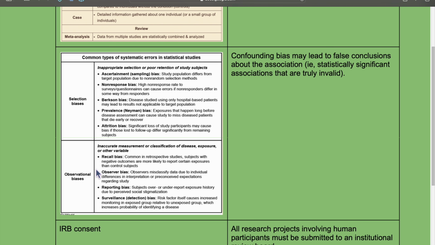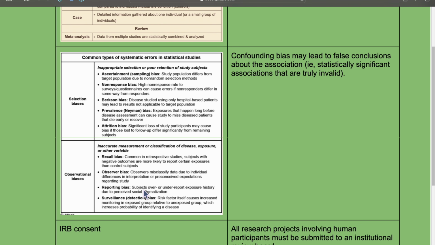Observational biases: inaccurate measurement or classification of disease, exposure, or other variables. So recall bias, common in retrospective studies: subjects with negative outcomes are more likely to report certain exposures than control subjects. Observer bias: observers misclassify data due to individual differences in interpretation or preconceived expectations regarding the study.